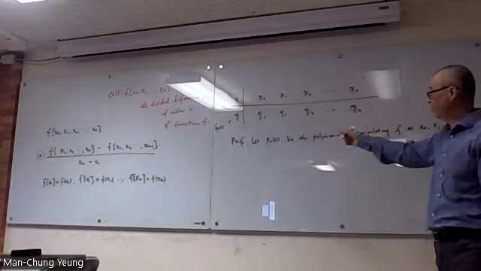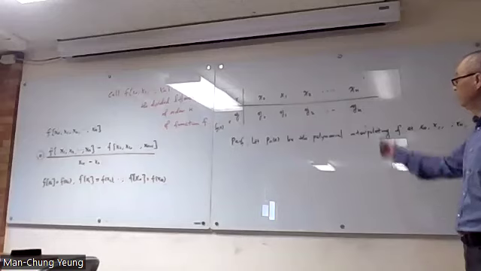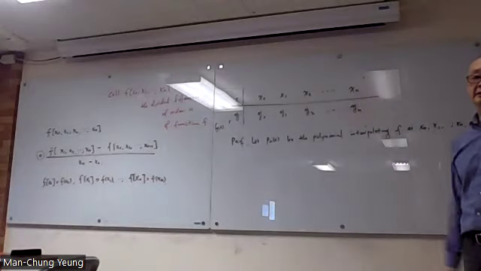That means the polynomial of degree n passes all the data points.